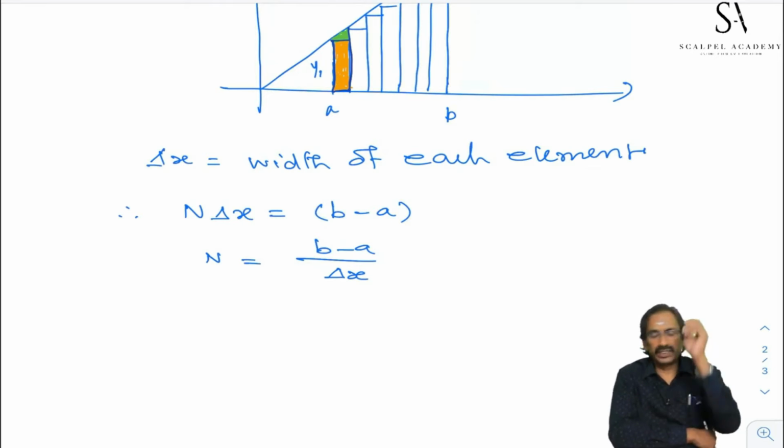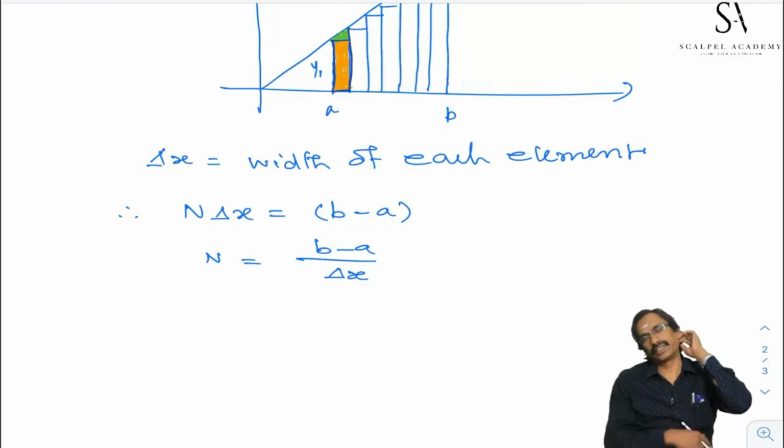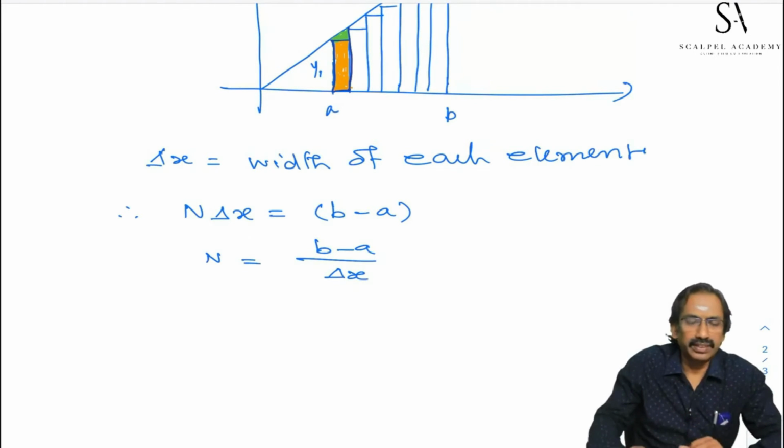Remember, delta x is the width; from a, the location of x2 is a plus delta x. Okay, the sum of the area of rectangles I am going to calculate.